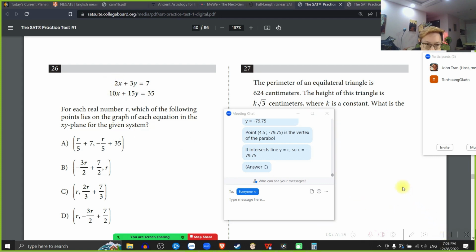Just do it, please. How do you know it's answer A? If you look closely, these system of equations are actually the same thing.